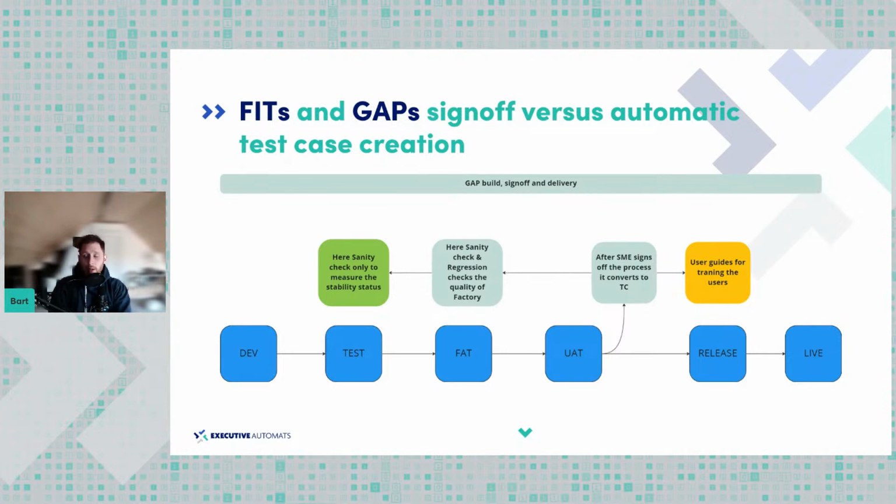And of course, the UATs are very often done by subject matter experts, by owners of the business area, BPOs, however we're going to call them. Then they need to distribute the logic, the way the system works. So they need to teach the other users of finance and operations how the system looks, and they can benefit because these test cases can be converted to user guides.